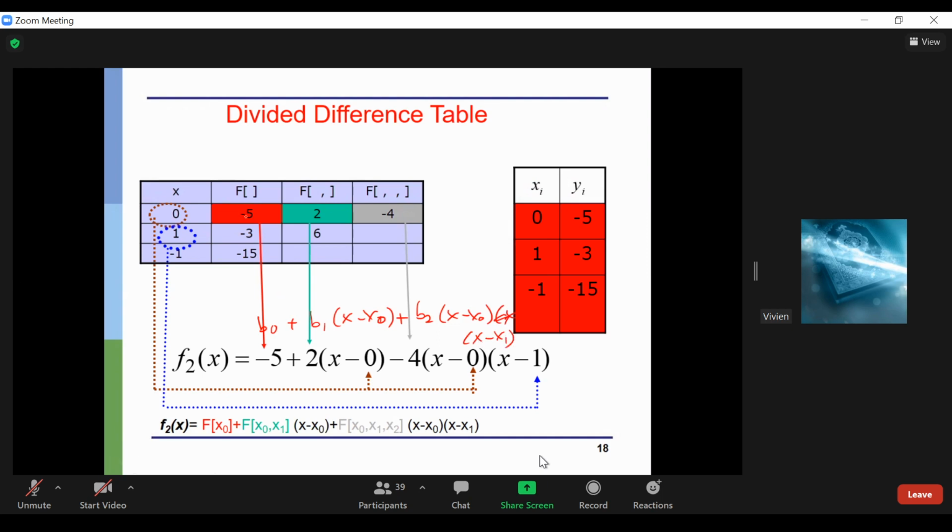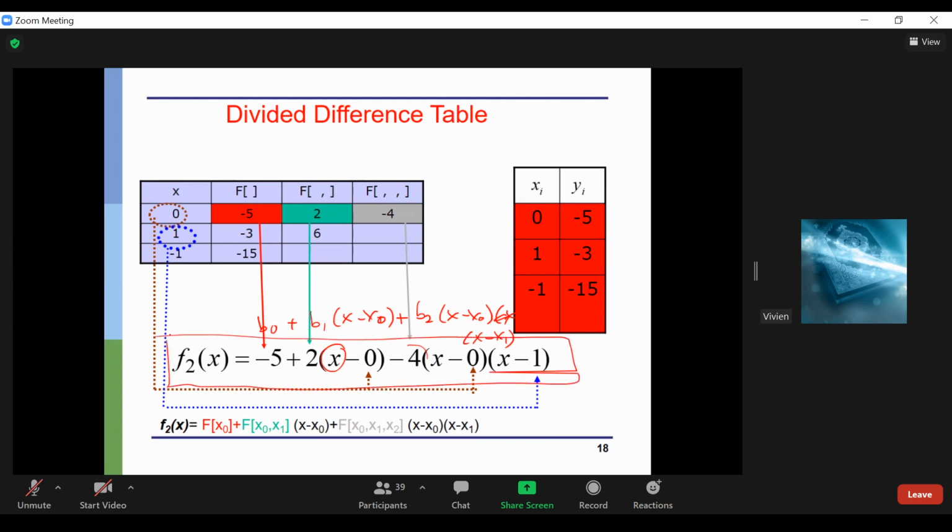So we have P0 is minus 5, plus P1 is 2 times (x minus x0), so that will be x minus 0. Here x is the interpolated value that we want to find. Minus 4, P2 is minus 4, times (x minus x0, 0), times (x minus x1, which is 1). So this is the result. So this is the equation.